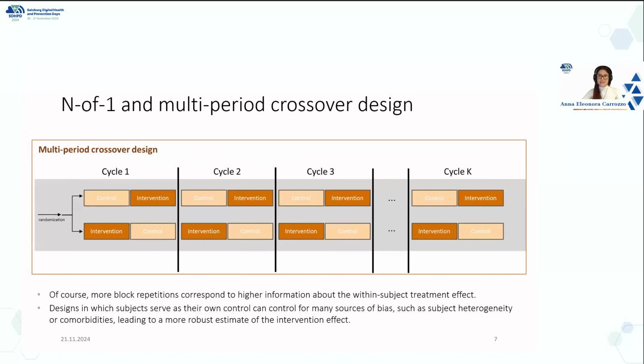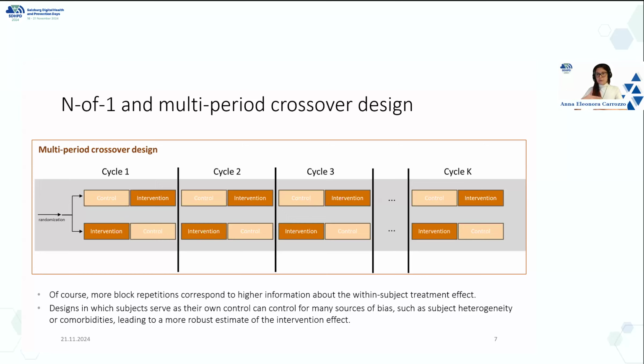Why I mentioned the link with the multi-period crossover design. In a multi-period crossover design, subjects are randomized to a sequence of interventions, so control condition and then intervention, or vice versa, repeated for many cycles, many blocks. Basically, an N-of-1 trial is a multi-period crossover design applied to one subject.